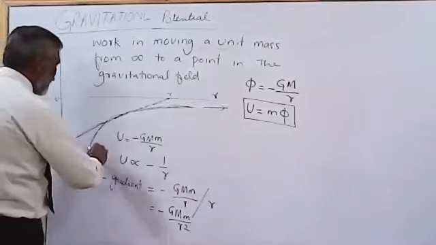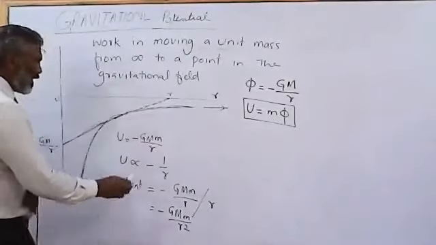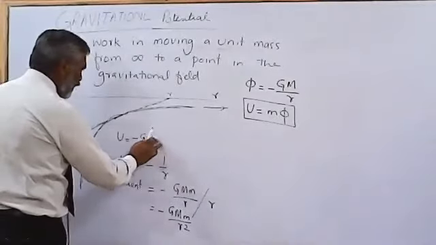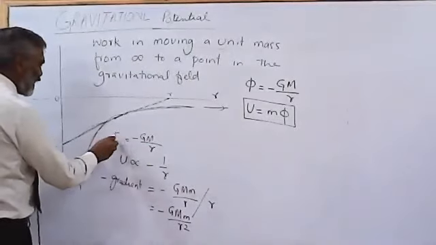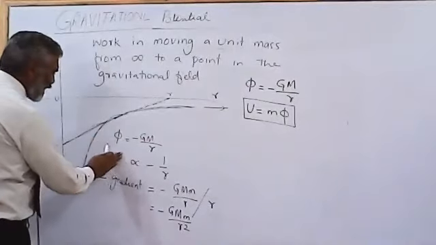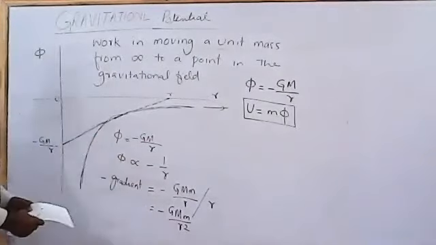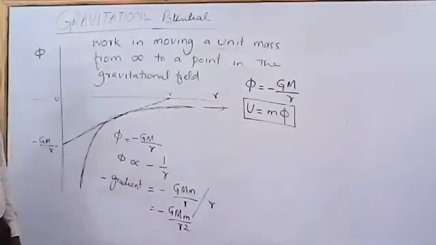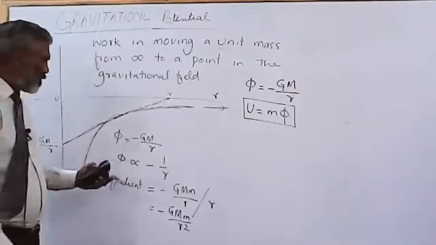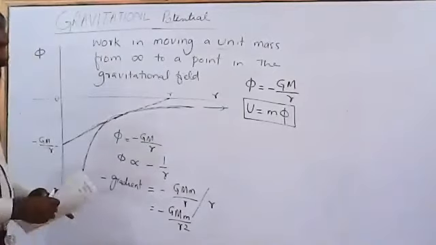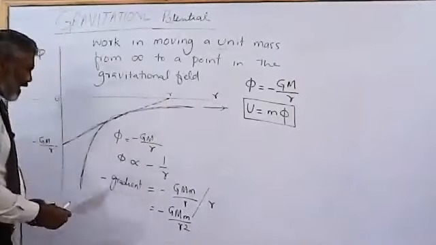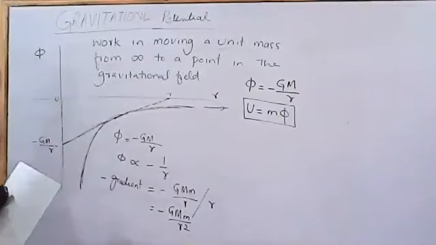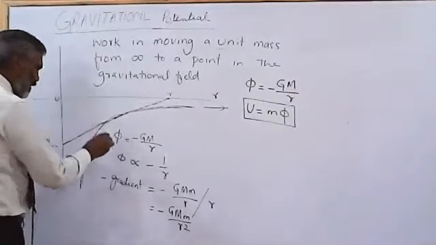It also varies in the same manner, and therefore we can say the same thing about the gravitational potential that we said about the gravitational potential energy. Both quantities vary inversely with r, and potential energy and potential increase as we move further away from the center of that planet.